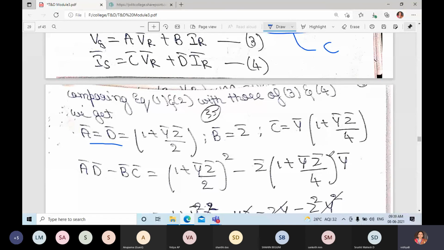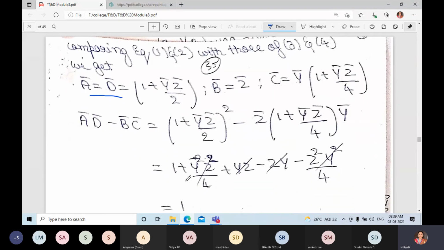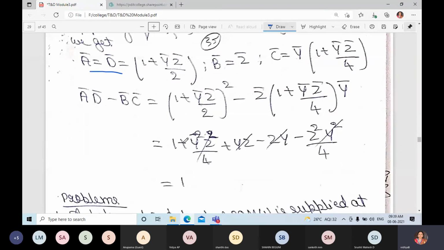We know all the values A, B, C, D. So AD minus BC is equal to 1. When you multiply, you get (a plus b) whole square, a square plus b square plus 2ab, minus ZY minus Z square Y square divided by 4. These two get cancelled and these two get cancelled, so you are left with 1.